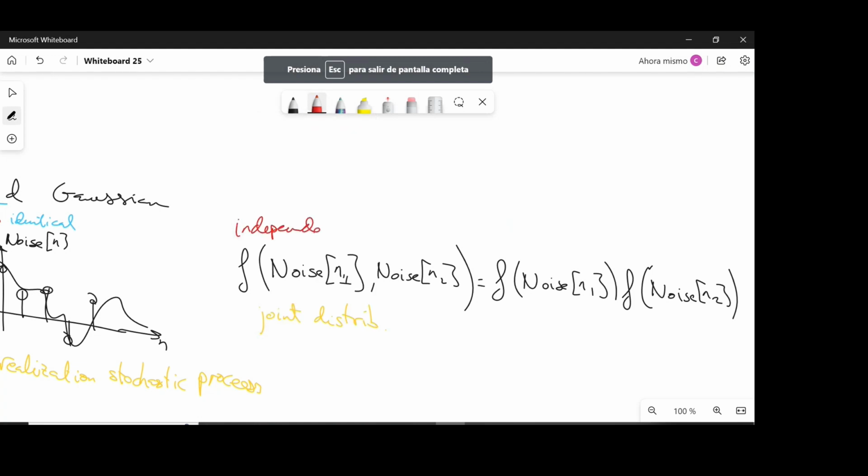That means that given a sample, we don't know anything about the other samples. That is independent. Okay, good. And if it is correlated, it implies that it is dependent.